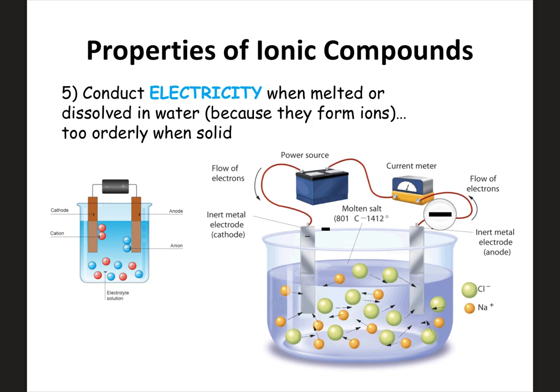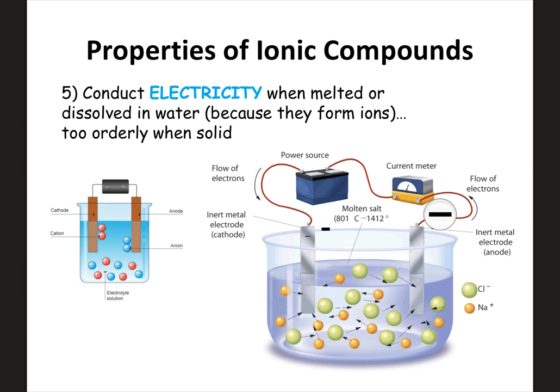Another property of ionic compounds is that they will conduct electricity, but they will only do this when they are melted or dissolved. We just talked about how when you put ionic compounds in water, they literally dissociate into their ions, into the pluses and the minuses. In order to conduct, you need negative charge to be able to flow. When an ionic compound is together in the solid form, it's too orderly.